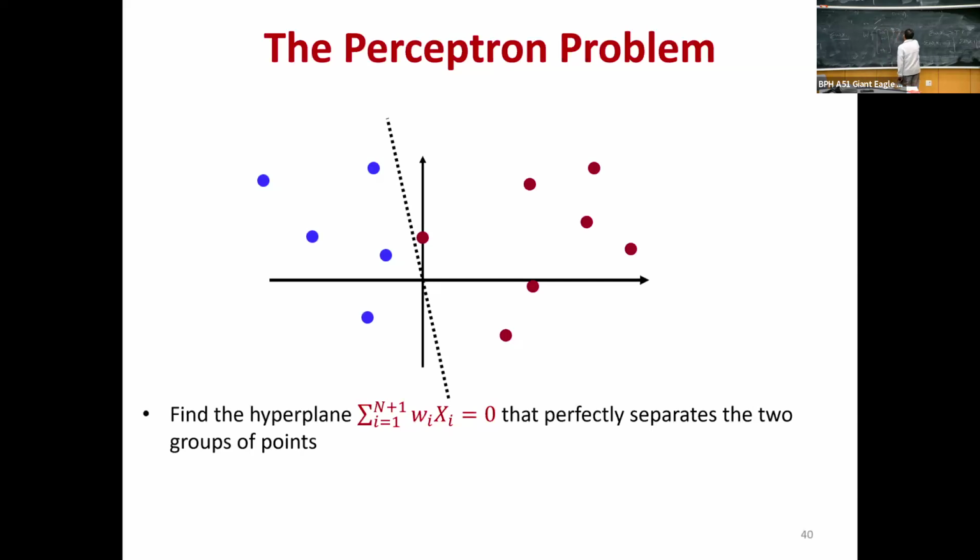I can write all the x's also in vector form, x1 through xd. So if I write it like this, what is the summation term? It's the inner product between w and x, right? So this term is w transpose x. If I equate it to 0, the boundary is w transpose x equals 0.